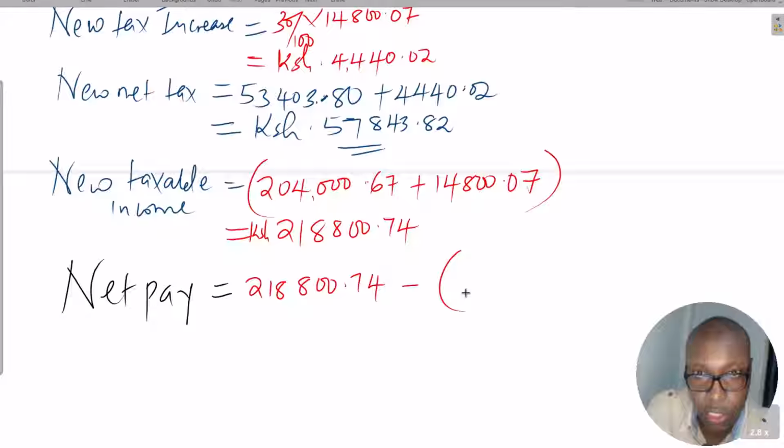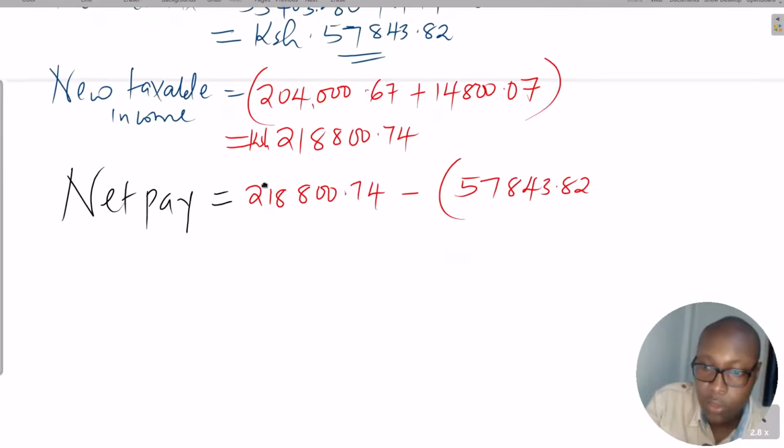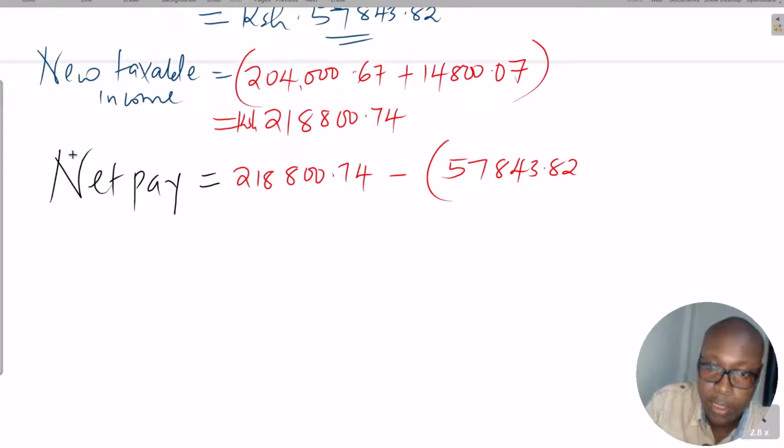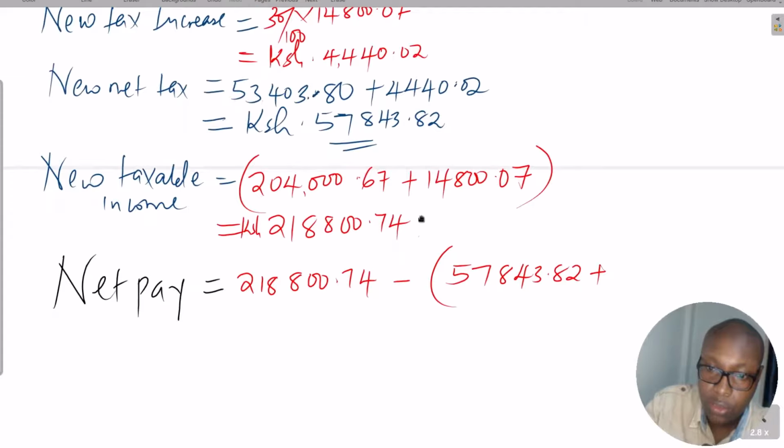The first deduction that you should never forget is the new net tax. The new net tax is here, 57,843 and 82 cents. That is the first one that you should not forget.